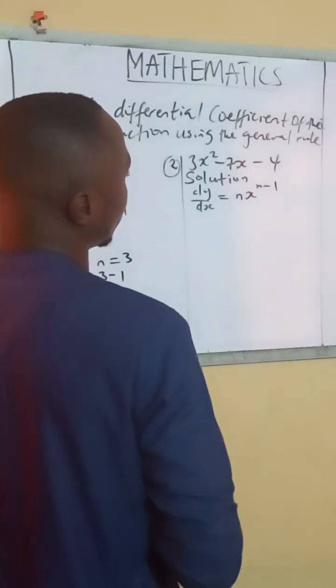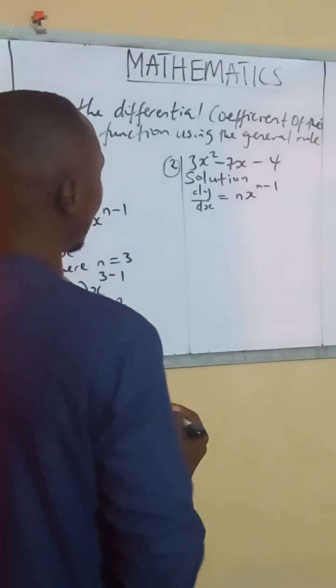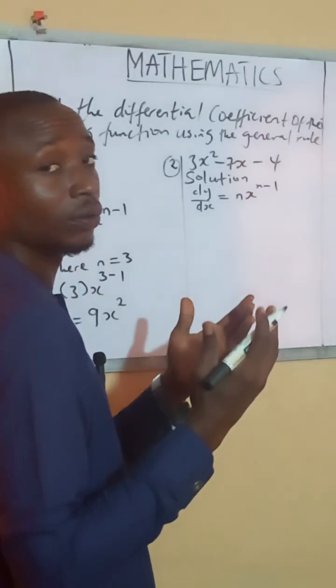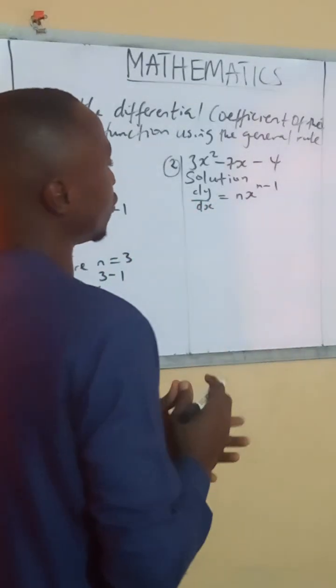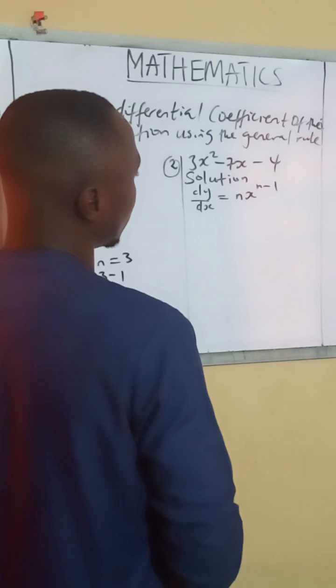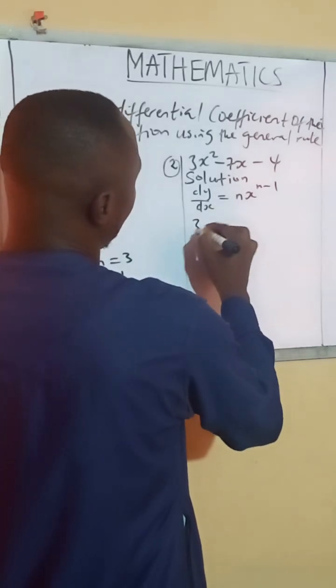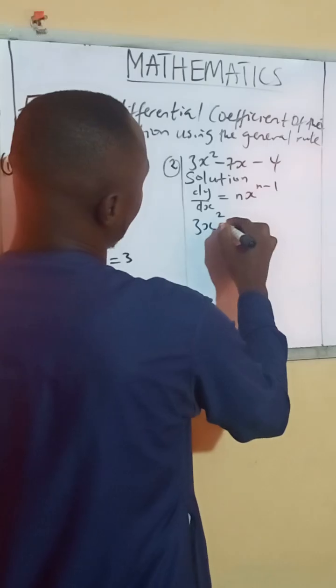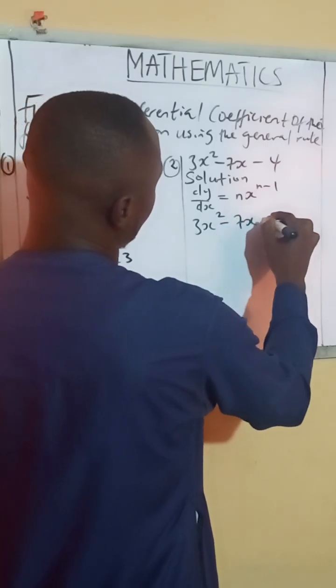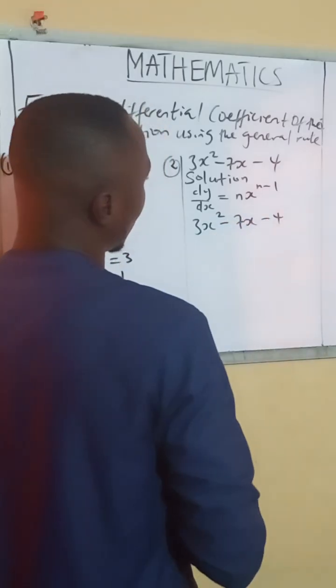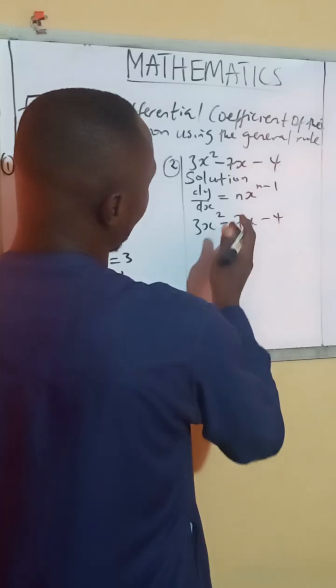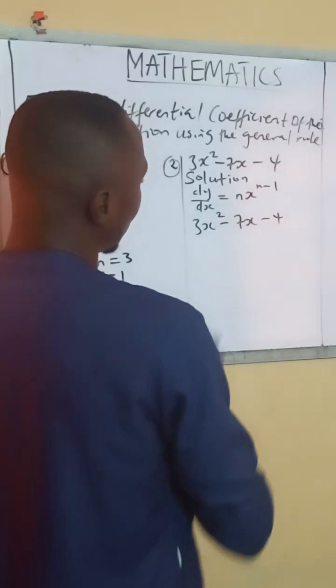Now, if you look at this particular question, it's not like this one that is just more like a single number. This is a combination of different numbers. Let's bring them out. We'll now differentiate them one by one.